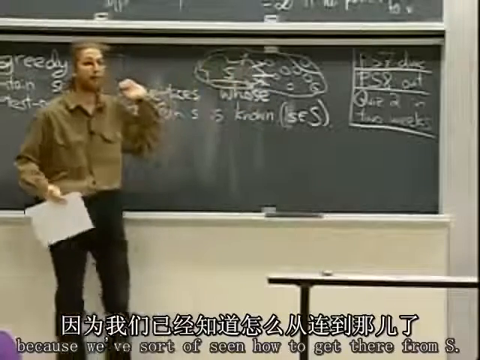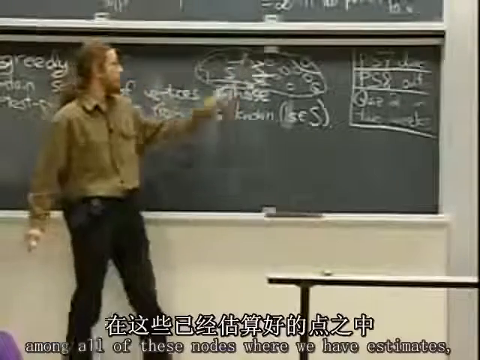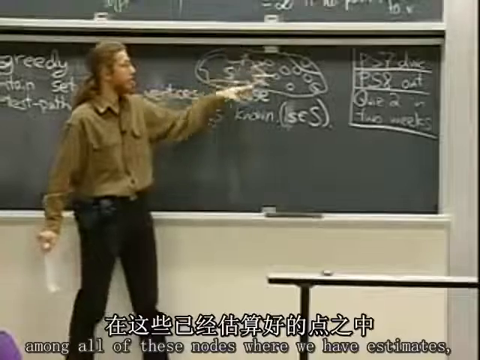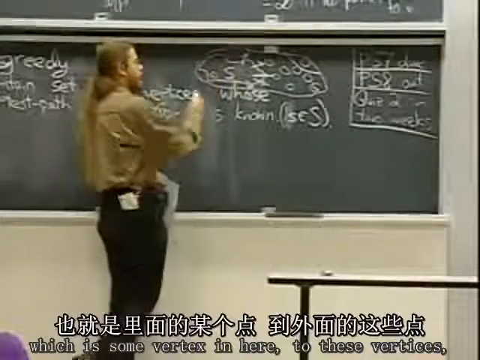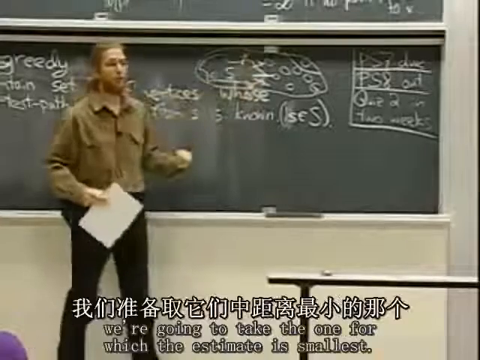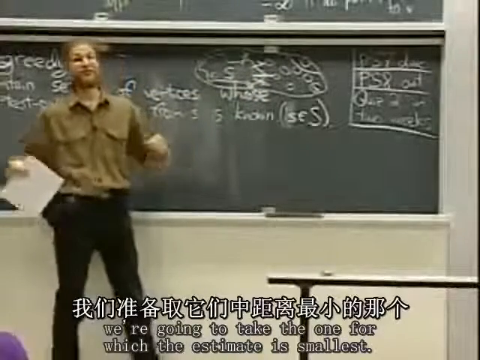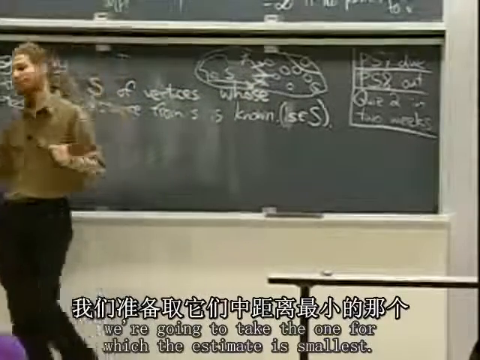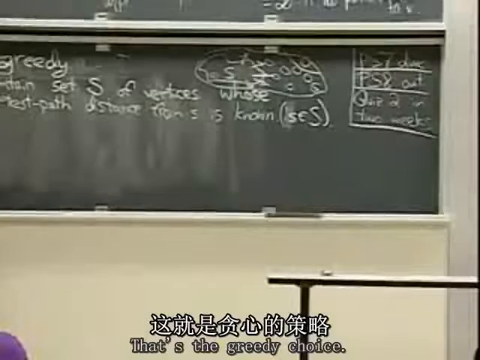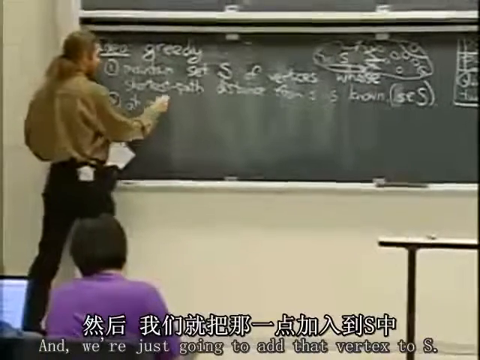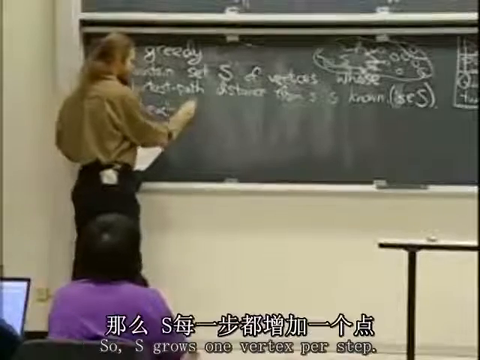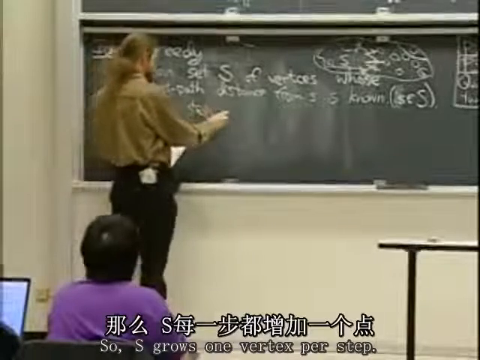from S. And the idea is, among all of these nodes where we have estimates and how to get from little s, which is some vertex in here, to these vertices, we're going to take the one for which the estimate is smallest. That's the greedy choice. And we're just going to add that vertex to S. So S grows one vertex per step.